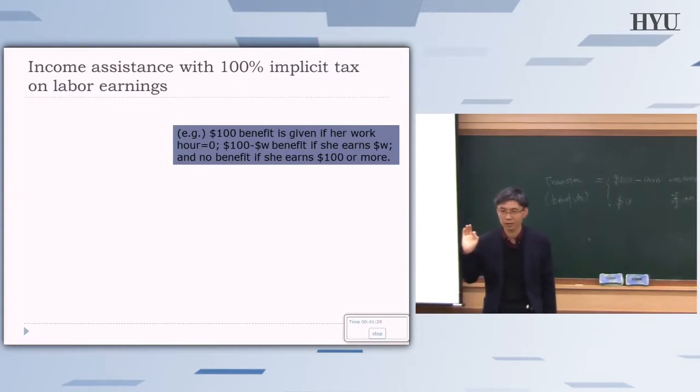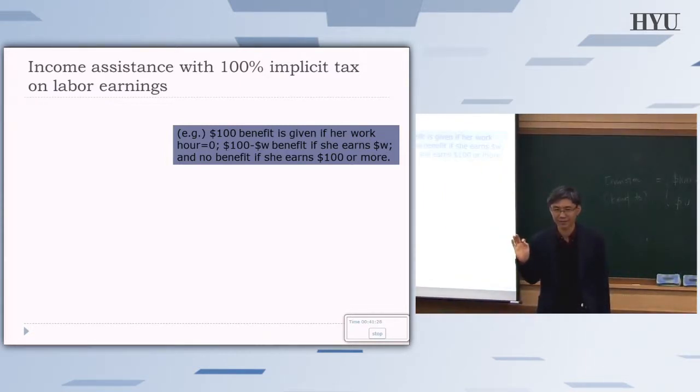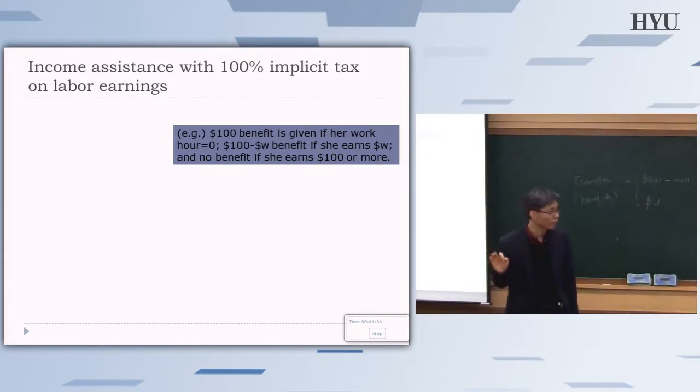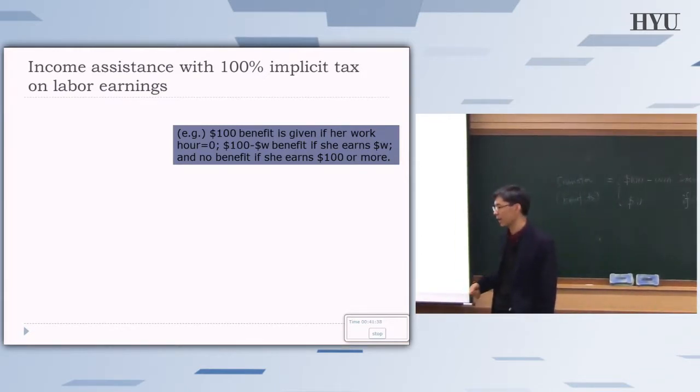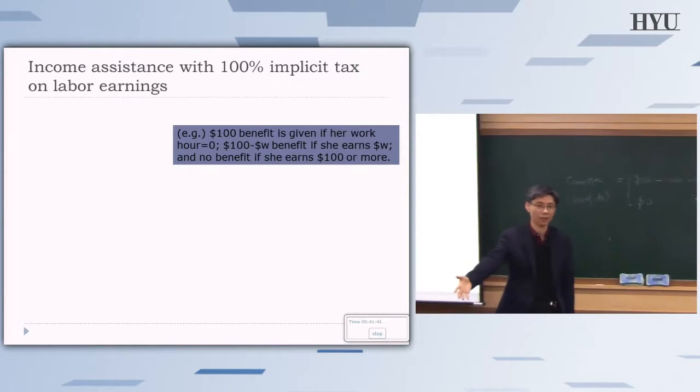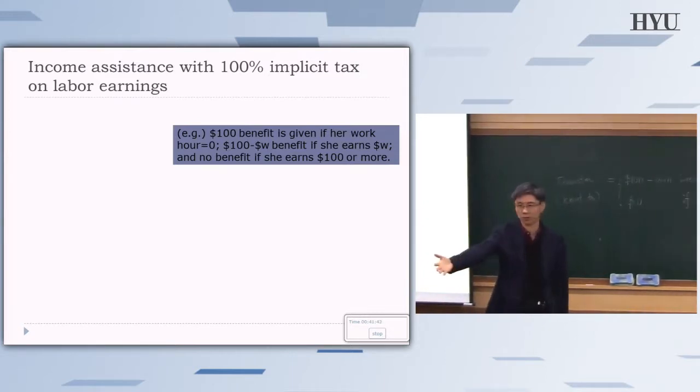Is it $10? After tax, it is $0. Why? Because it's a 100% tax. I earn 10, and my government takes away my $10 as implicit tax. I have nothing at the end. I work 1 hour, no change in my income.